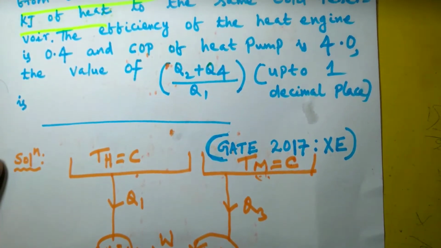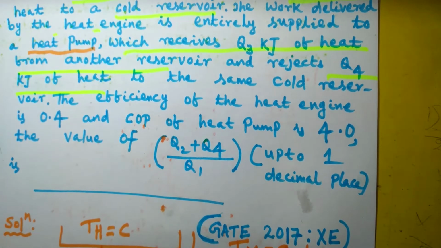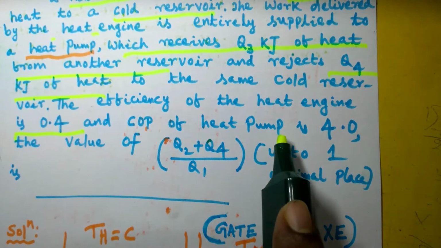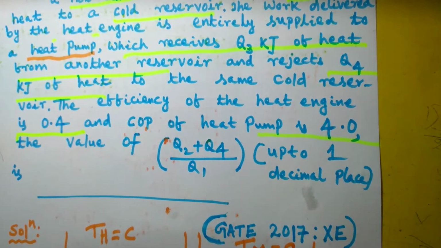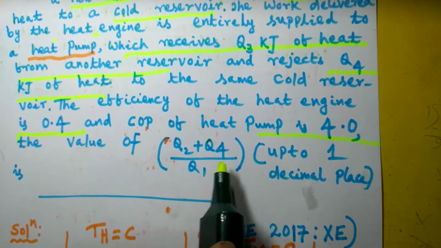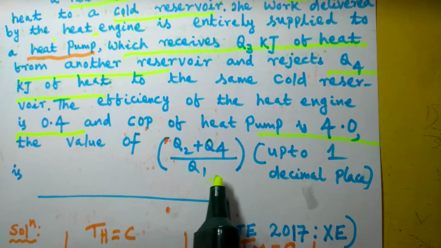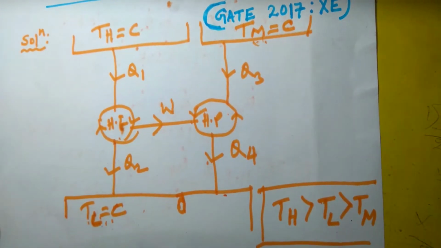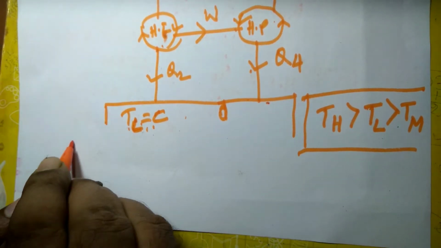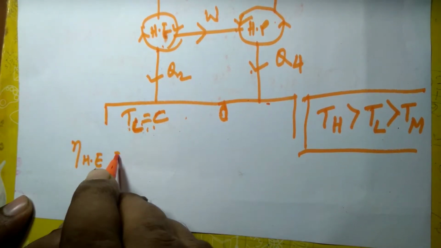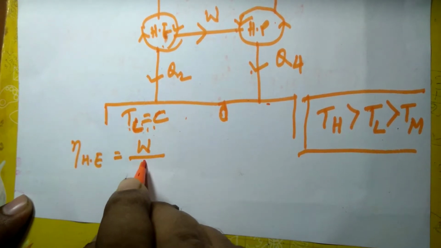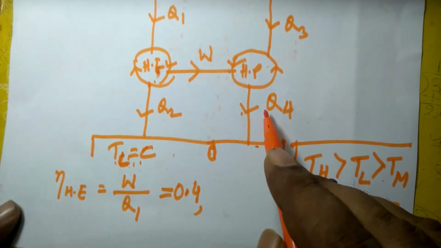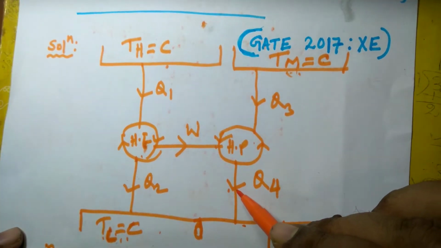We have to calculate, given that the efficiency of the heat engine is 0.4 and the COP of the heat pump is 4.0, the value of (Q2 plus Q4) divided by Q1 up to 1 decimal place. The efficiency of the heat engine is W upon Q1, given to be 0.4, and the COP of the heat pump is the desired effect by work input.